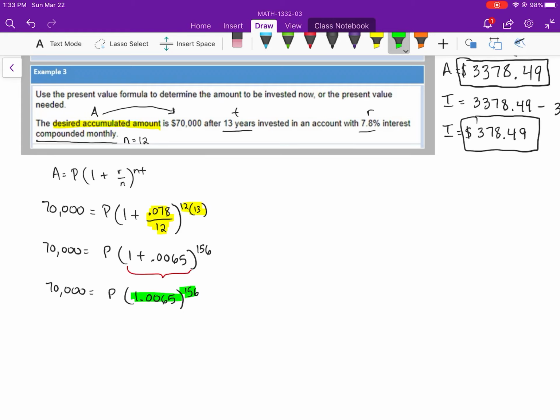So 1.0065 taken to the 156 power gives me 70,000 equals P times 2.747575019.